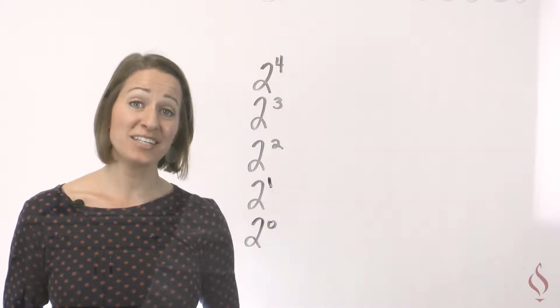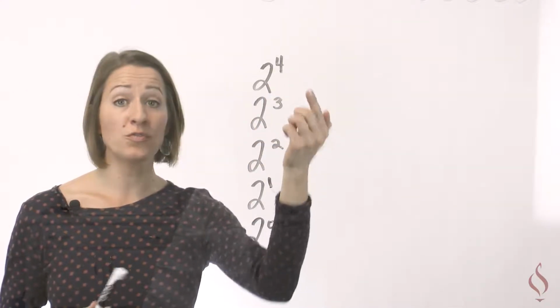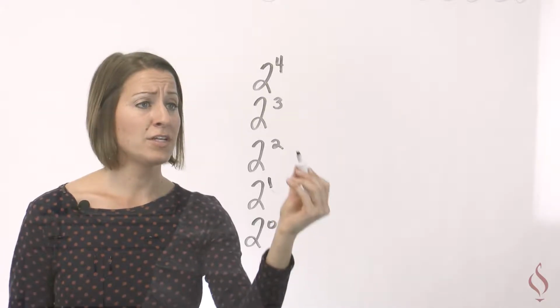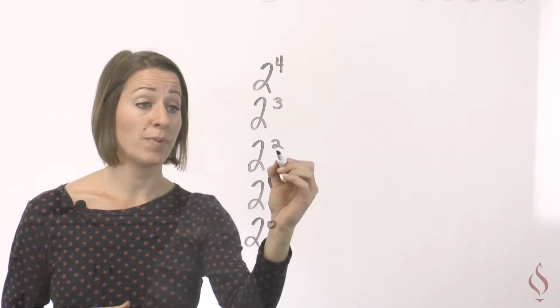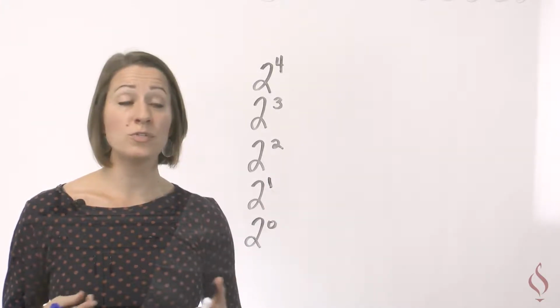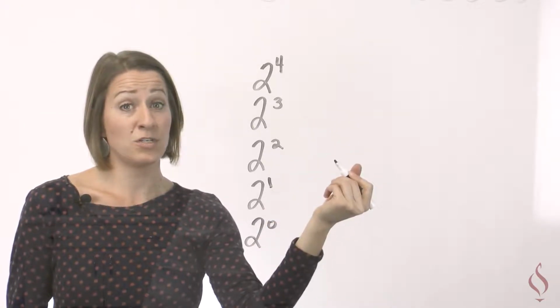Okay, take a look at these exponent problems. We have 2 to the 4th power. That's the most common way to say it. Down here, the 3 and the 2 power could be called 2 squared or 2 cubed. But I want you to look at these problems and explain to you what they mean.